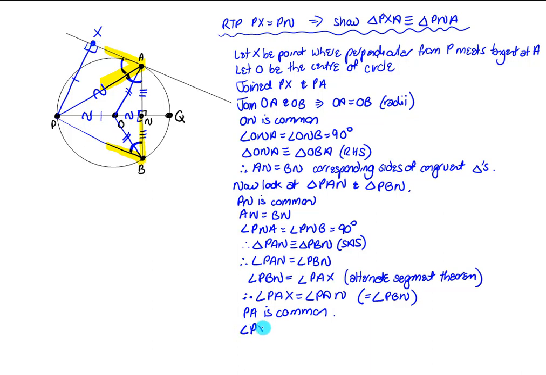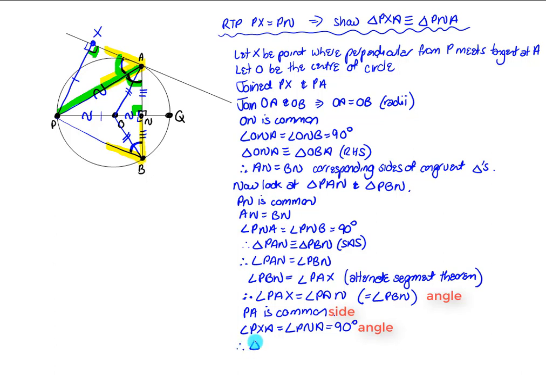So angle PXA equals angle PNA, which is 90 degrees. So what do we have? We have the side is the same, and we have the two right angles, and we have these two angles here. So we have two angles and a side.